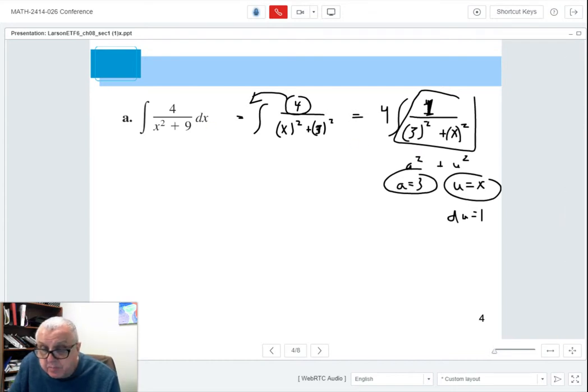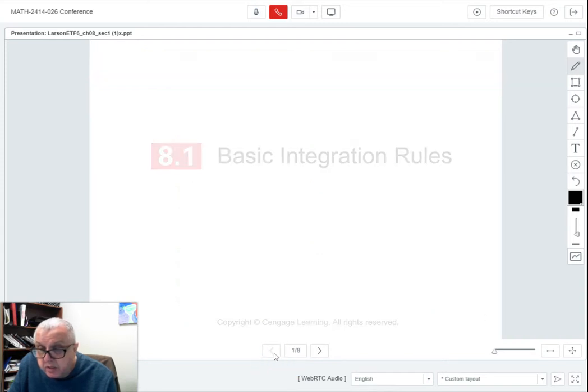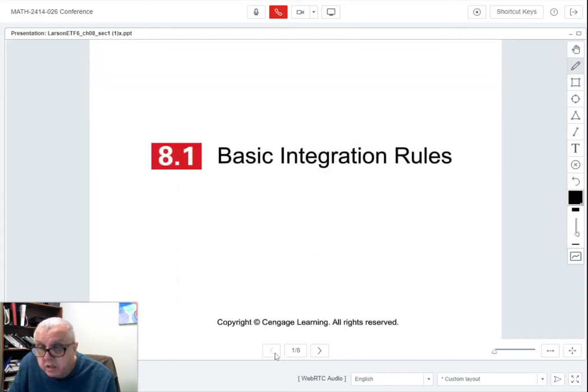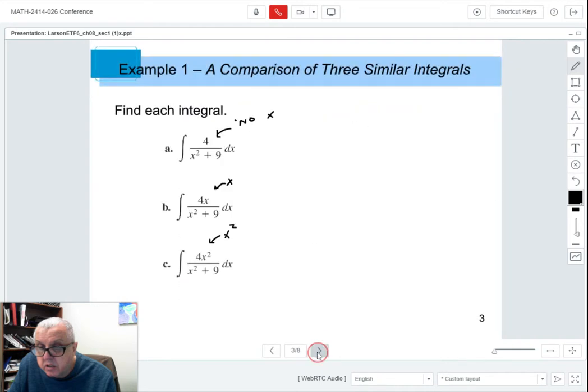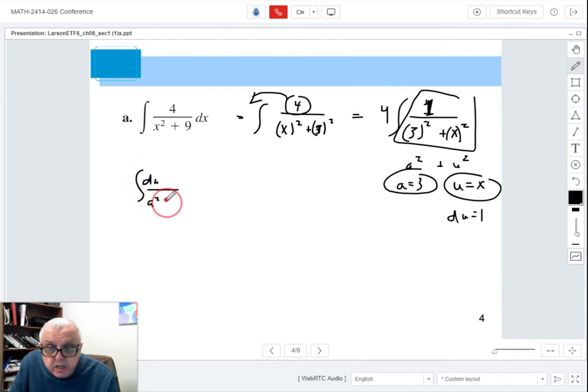So if I go back to formula 19 in basic integration, here's the formula: du over a squared plus u squared.